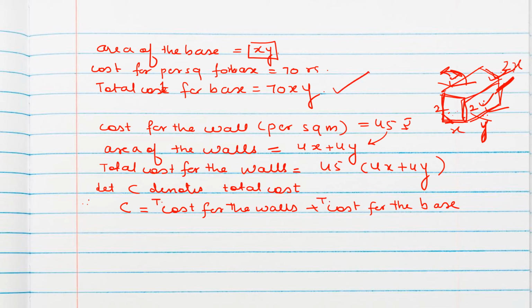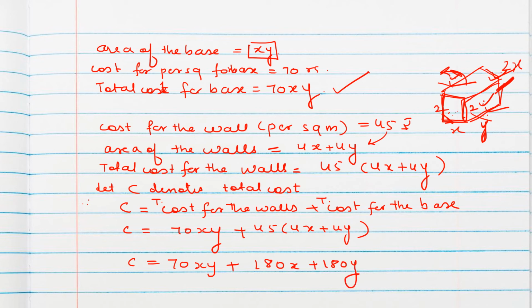So 70xy, and this one will be 45 times 4x plus 4y. So 70xy, 180x plus 180y. So C is 180x plus 180y plus 70xy.